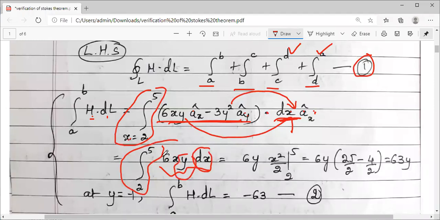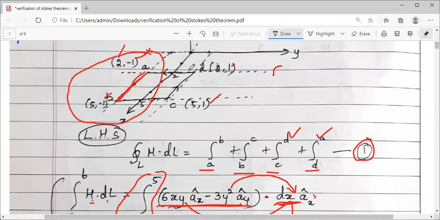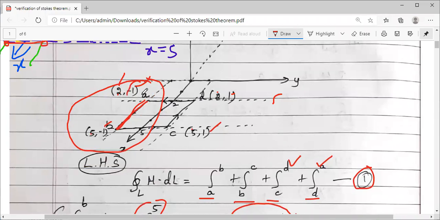Integration is with respect to x, so y and 6 are constants, and I have taken them outside. Integration of x is x²/2. Applying the limits 2 to 5, that is 25/2 minus 4/2. I have got 63y. But what is y for the first line? Check the value of y.